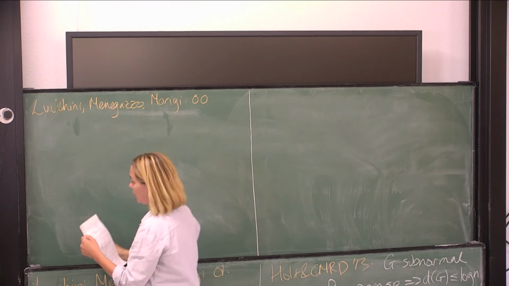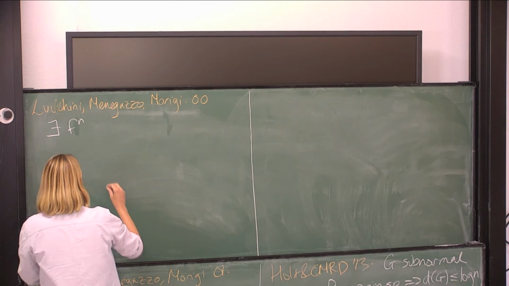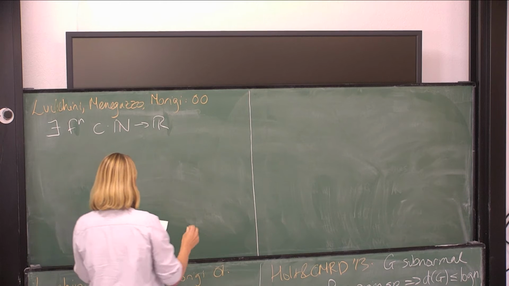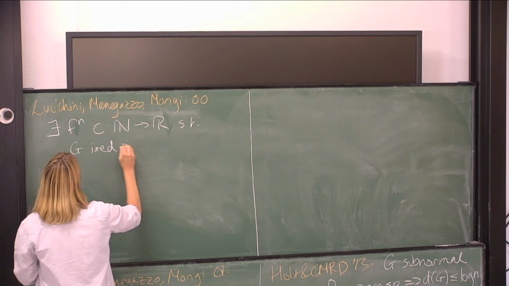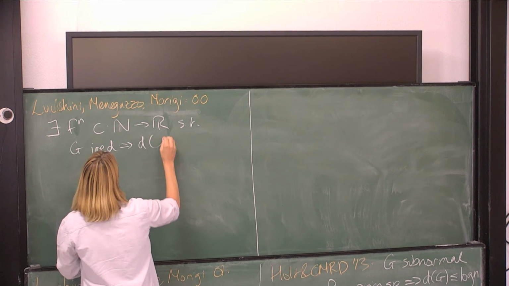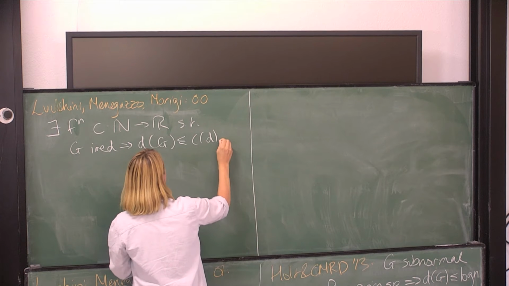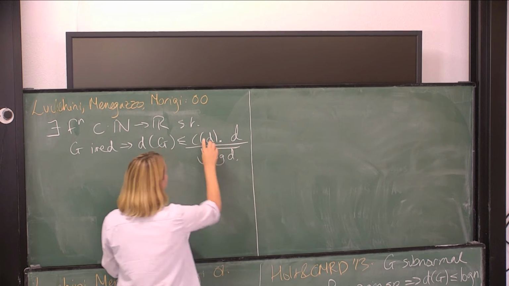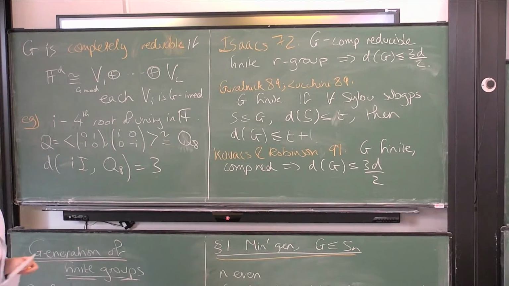It's a different year, '00 this time. '00 showed that there exists, I'll phrase it in functional format because I prefer that actually, C from the naturals to the reals such that if G is irreducible, then the minimal number of generators of G is at most this function of d times d over root log d, and this C(d), I mean they phrase it as a constant, and the idea is that C(d) grows slowly.